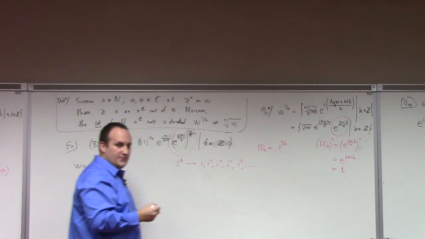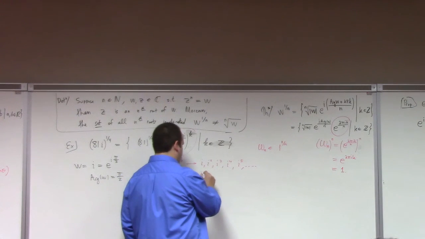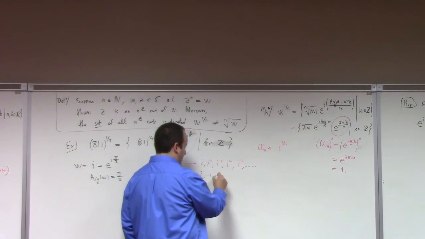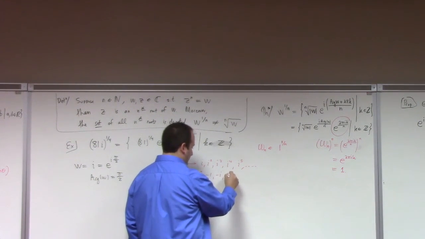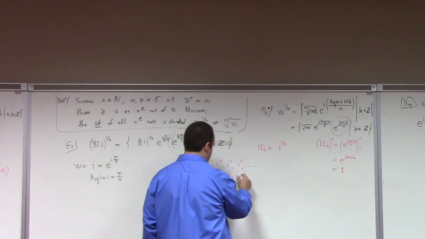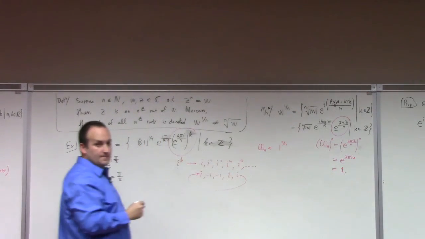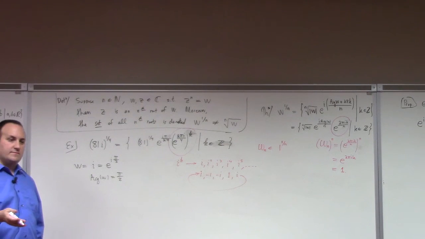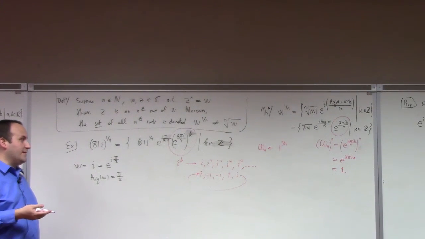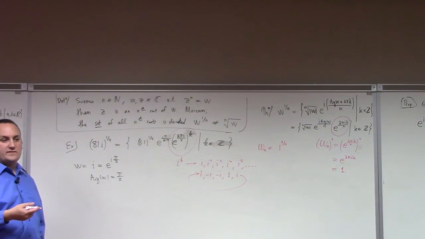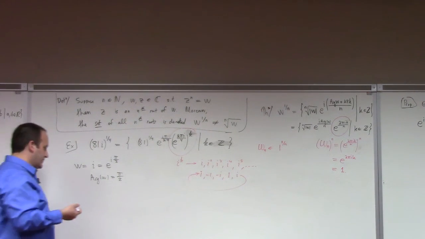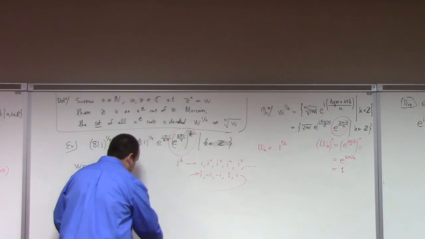That actually loops back again, because you get i, minus 1, minus i, 1, i, and it just keeps going. So when you tilt your head and squint, there's only 4 values in this thing. That's not an accident. The nth roots will only have n distinct things.